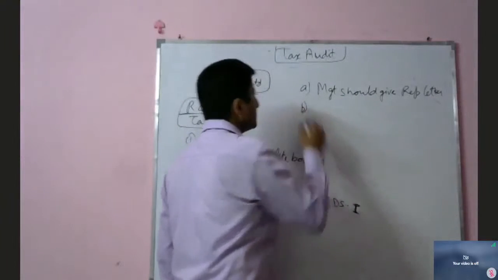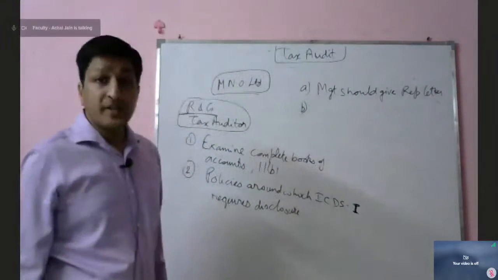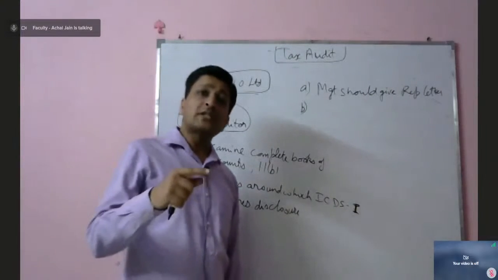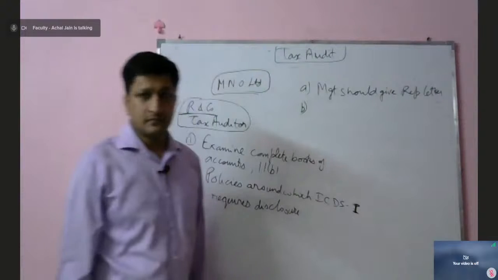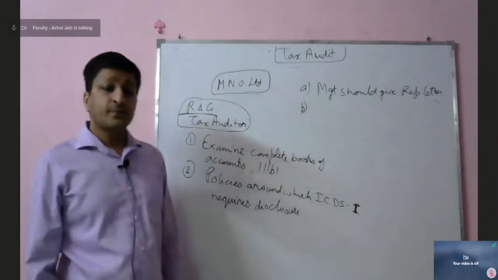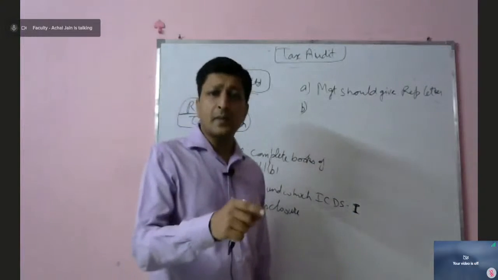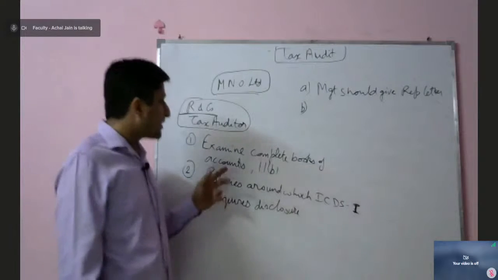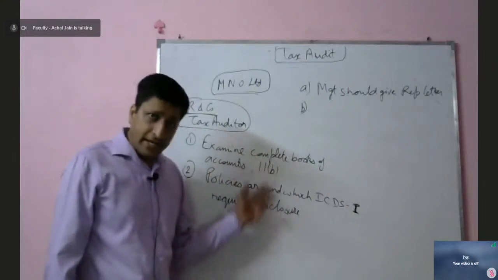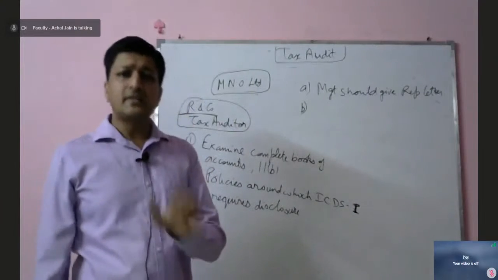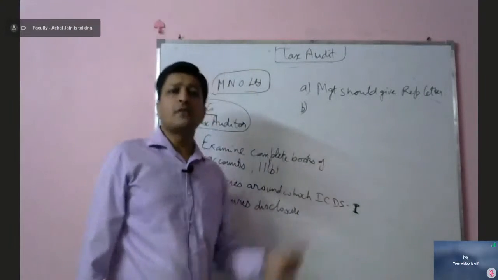Number two could be a situation wherein the management can request the statutory auditor to share his working papers with the tax auditor, so that instead of the tax auditor getting into the complete details or complete audit, he can limit his work and use the work papers of another auditor.